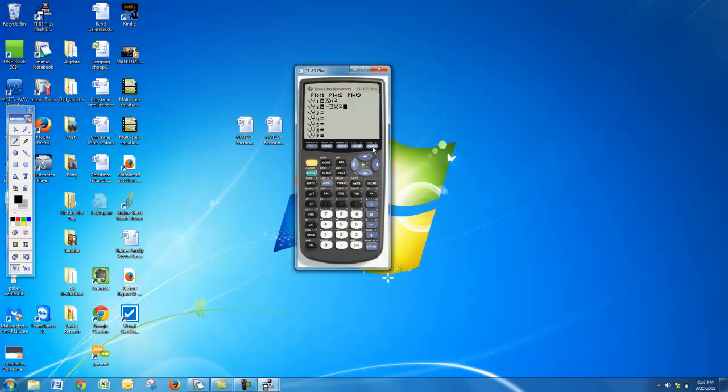So let's press graph and look at the graphs. So here's y equals 3x squared. It's opening up, and y equals negative 3x squared is opening down. So a positive A value makes the graph open up, a negative A value makes the graph open down.